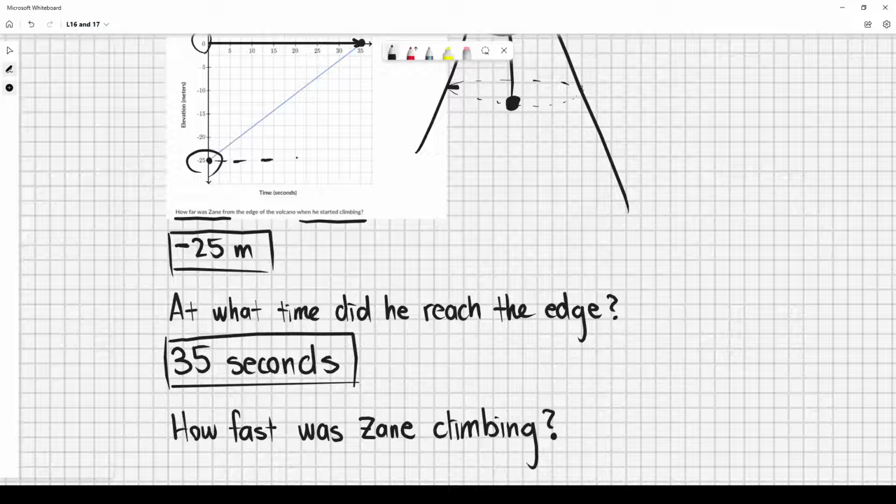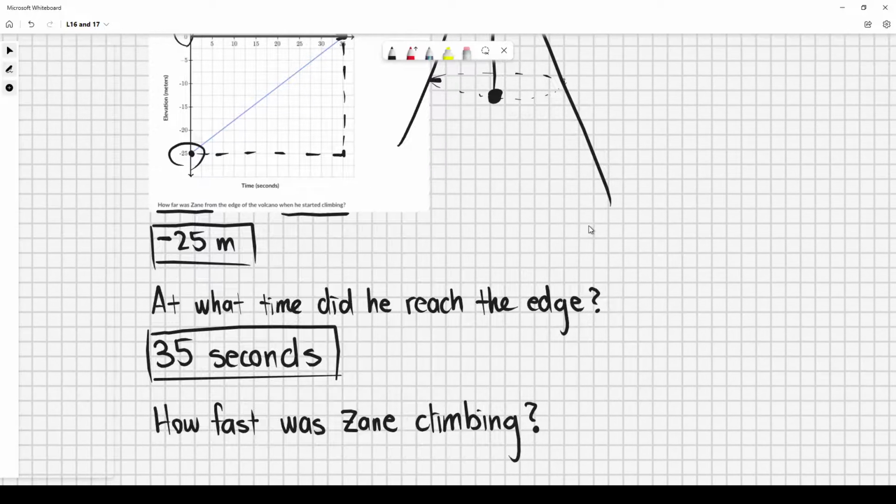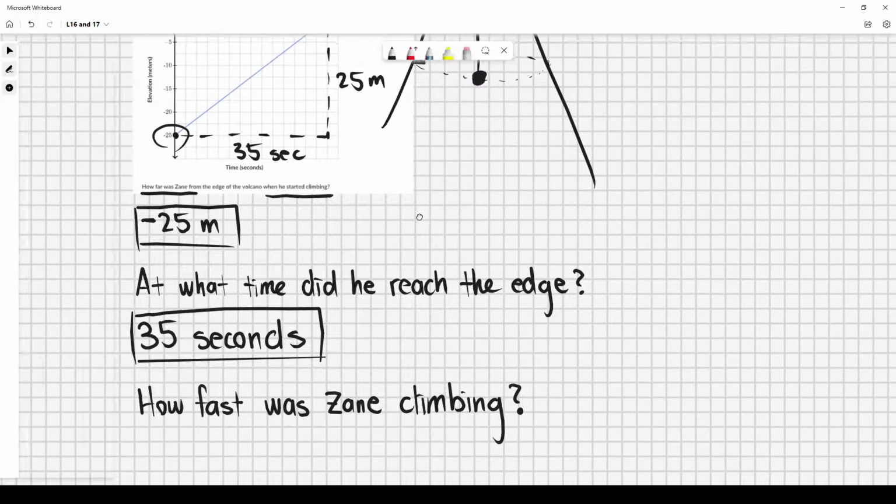Those are actually two really good points to pick because it's very obvious. So the change in elevation is 25, yeah. 25 meters, 35 seconds. But when you simplify this, I don't think this gives you 3 over 4 though.